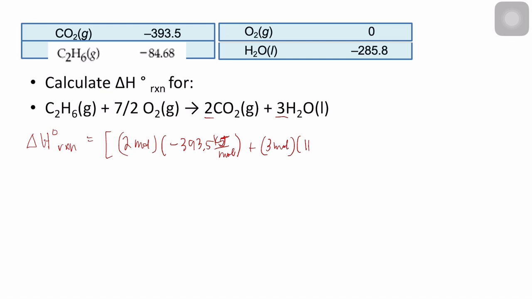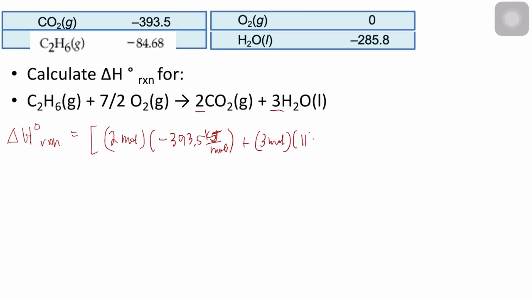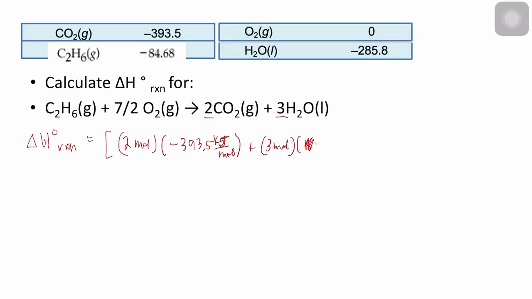Sorry, the standard heat of formation of water is negative 285.8 kilojoule per mole. Cancel for the mole.